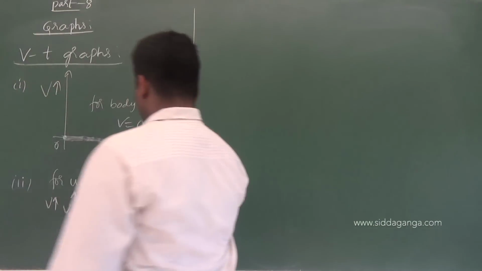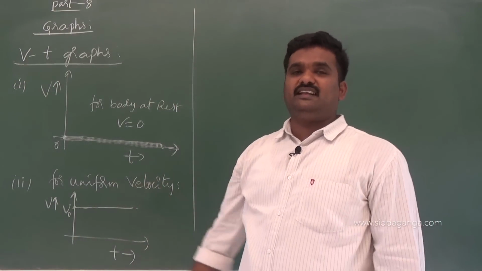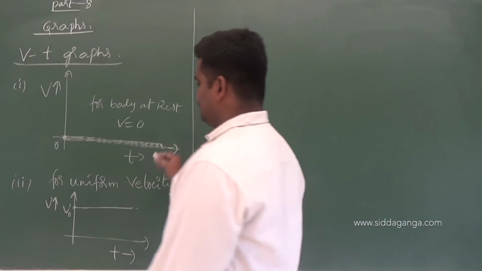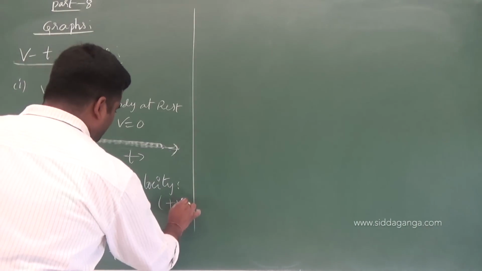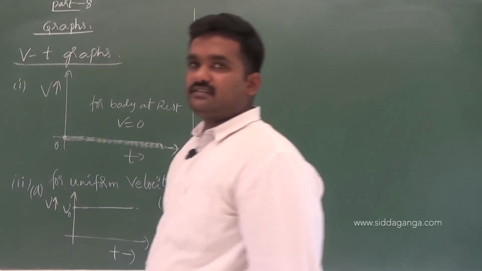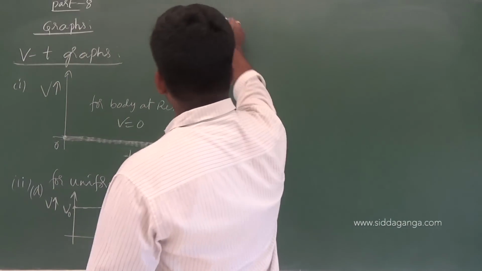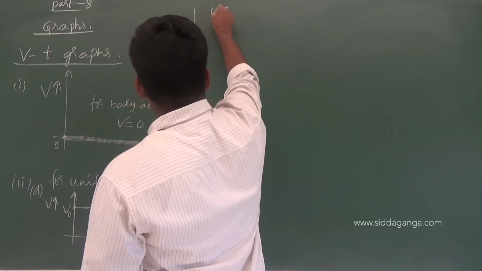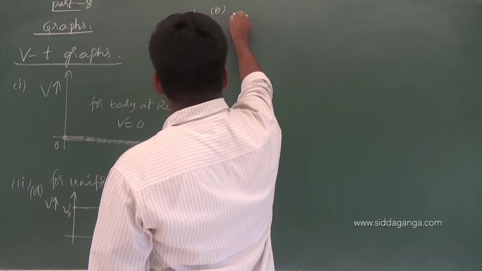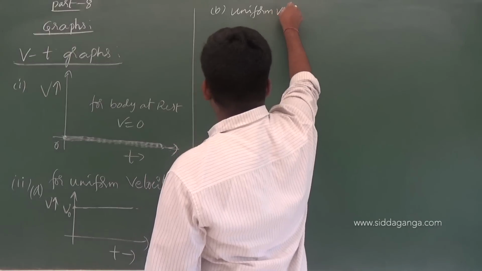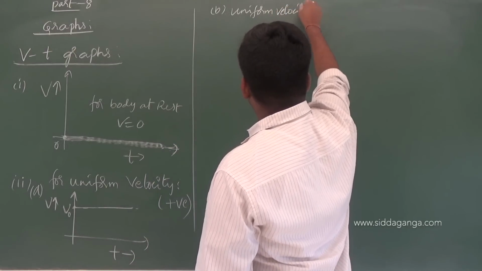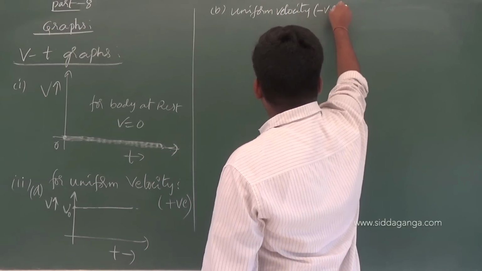Next, uniform velocity but in the opposite direction. If I say this is A, uniform velocity with positive velocity value, then B is uniform velocity but negative. The body is moving with uniform velocity but the velocity is negative.